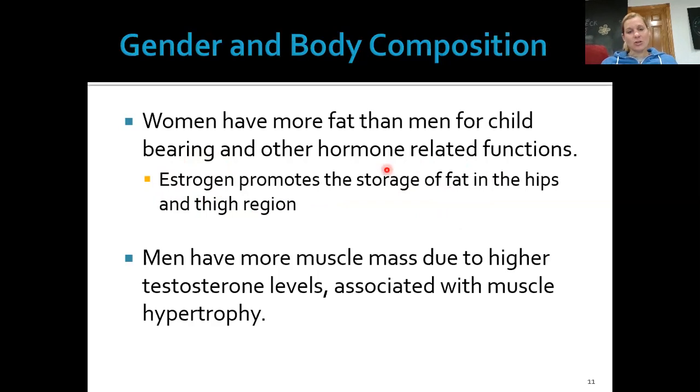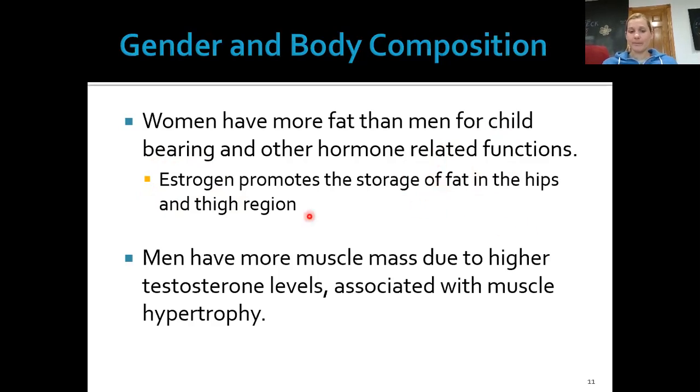So it's interesting to look at this. If I naturally have higher estrogen levels, I will have a greater tendency to have more fat stored in my hip and thigh region. How much estrogen I produce is probably significantly related to genetics. So if my mom stores a lot of fat in her hip and thigh region, I'm also at risk to store an excessive amount of fat in those particular areas.